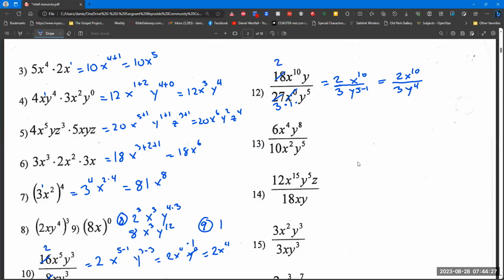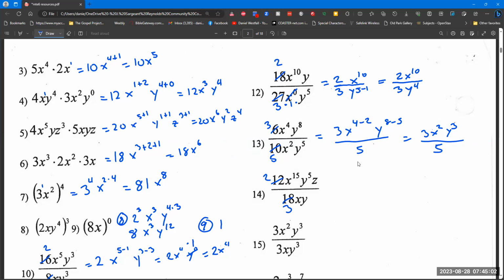Here's a common factor of 2 that goes into both 6 and 10. And that leaves us with 3x to the 4 minus 2, y to the 8 minus 5 over 5, is 3x squared y cubed over 5. Our greatest common factor between 12 and 18 is 6.